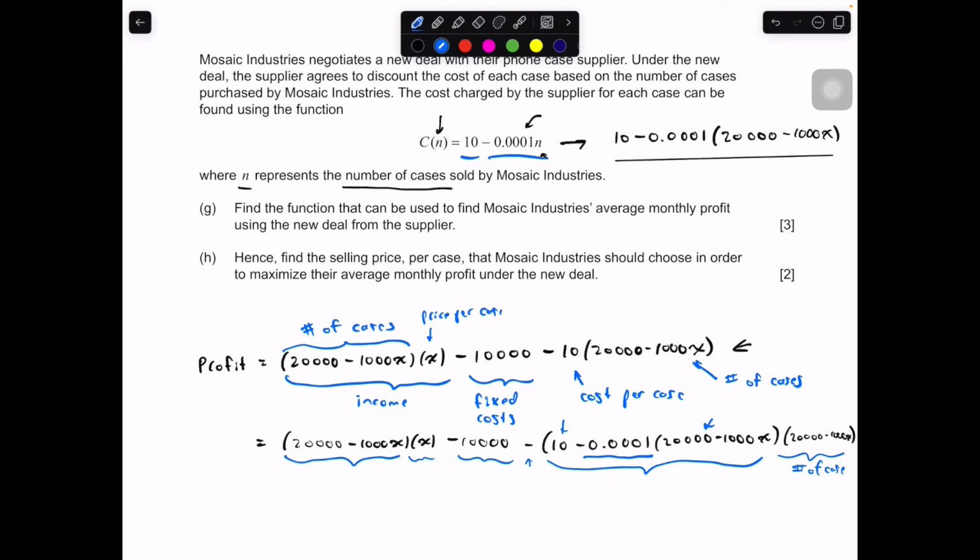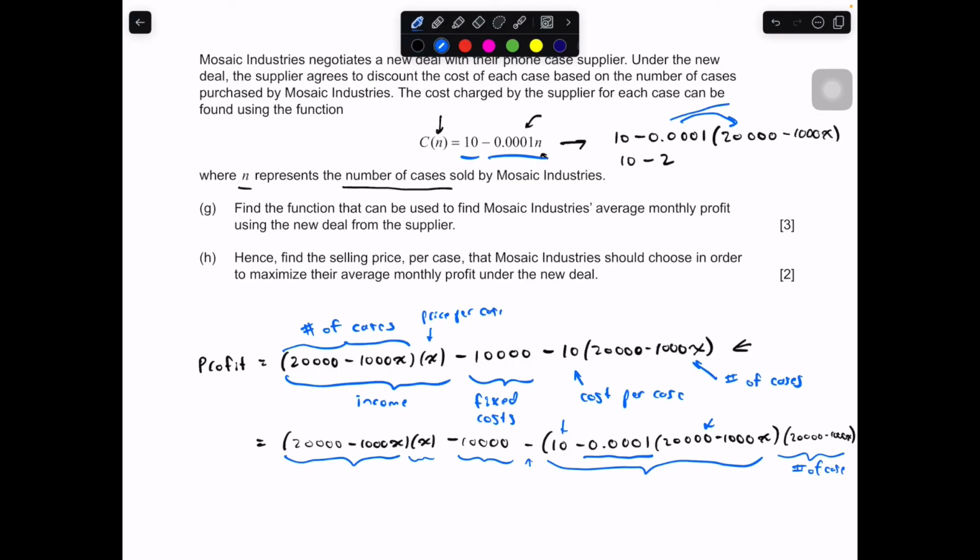There it is. I think potentially it's possible to simplify things a little, especially up here when we substitute. 10 minus 0.001 times 20,000 we could simplify, because that would just be 2.